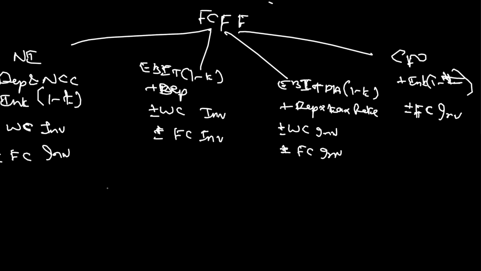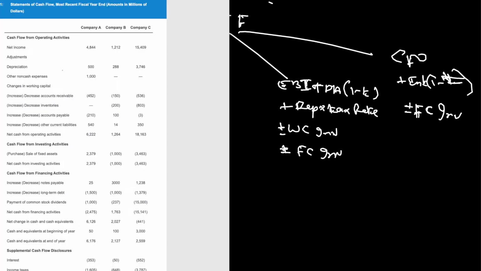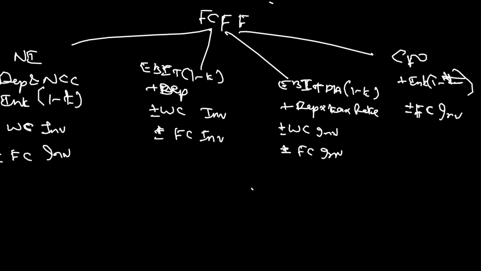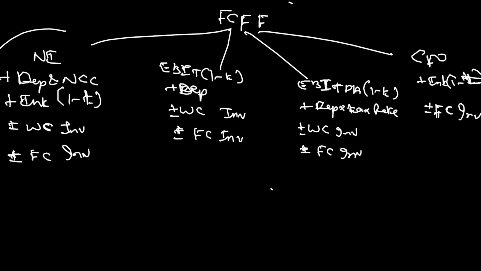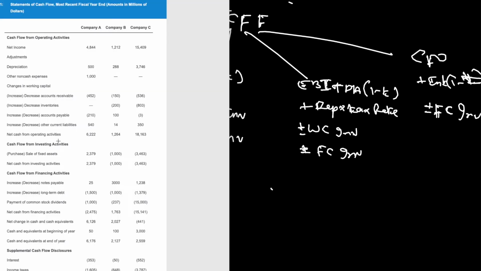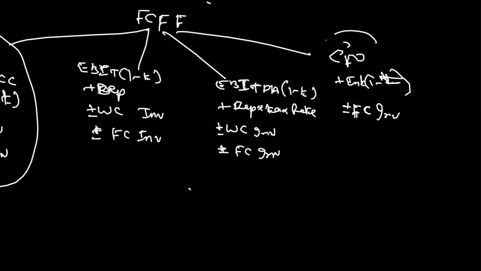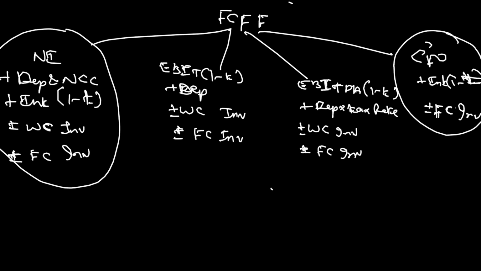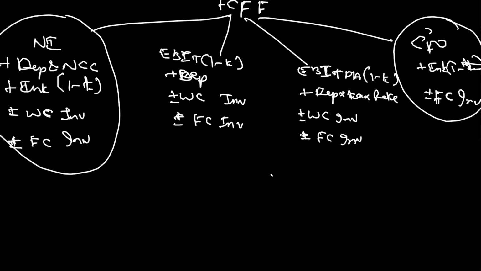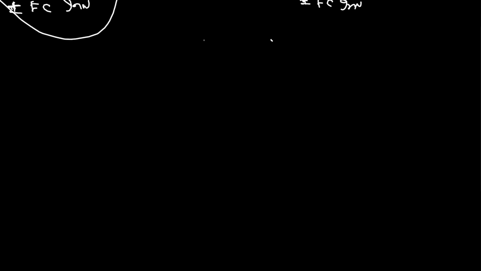Now for this sum, net income is given. So I will be using this formula to calculate free cash flow to the firm. Because cash flow from operating activities is given, I can use that formula as well. So I will be using both these formulas and doing this sum. Then after that I will start with free cash flow to equity as well. So now free cash flow to the firm.